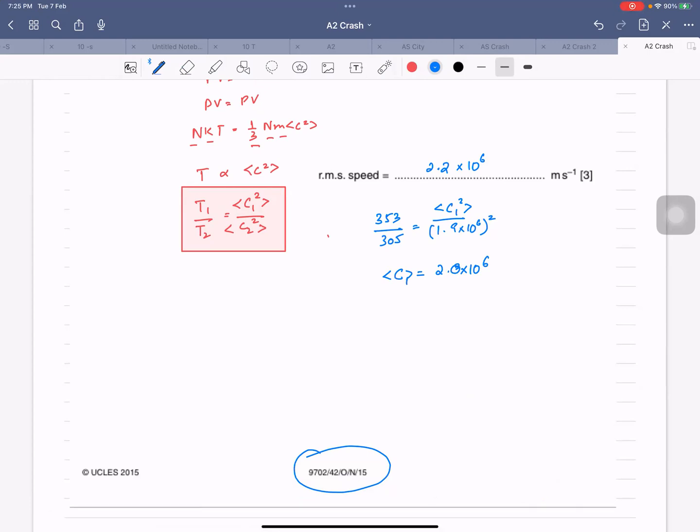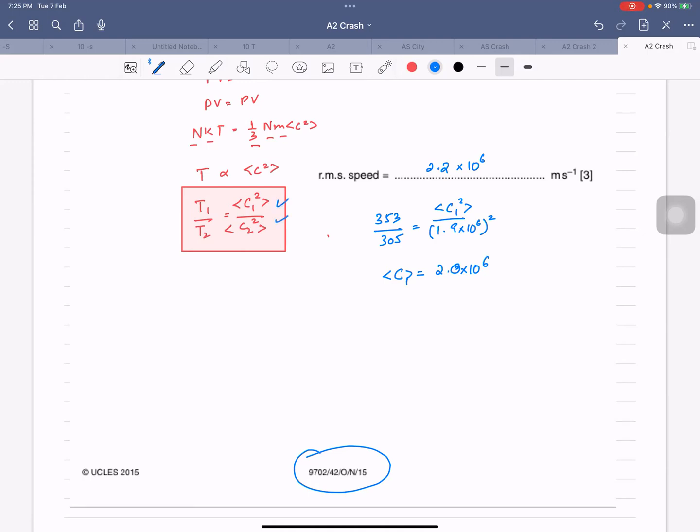So none of the answers is correct. Why? What is one? The answer is 1480. Why did you square 1.9 times 10 raised to 6? Because in the formula there's a square.